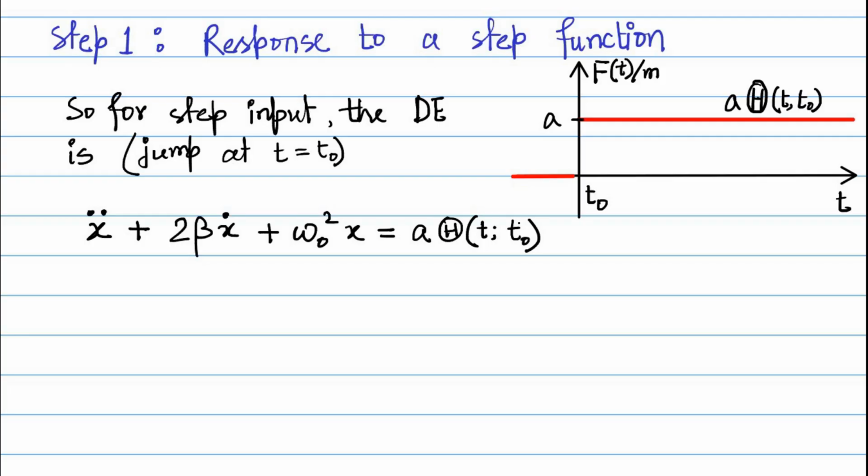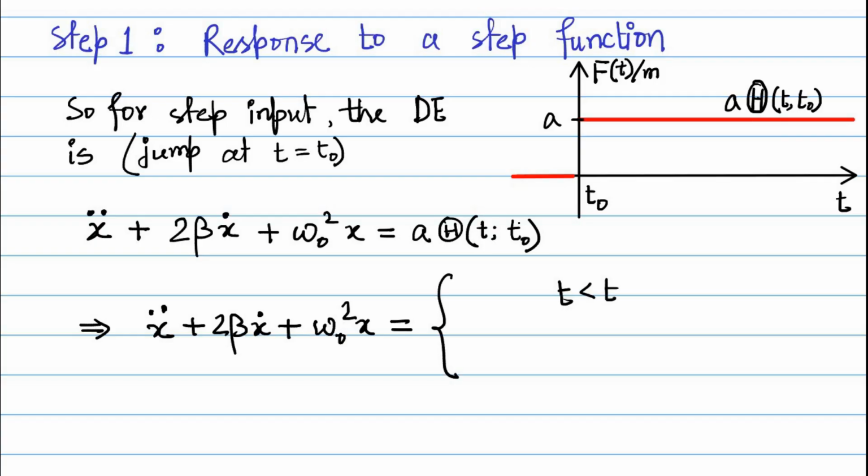So what it means is that the left hand side remains unchanged, of course, but on the right hand side we now have two options. One is applicable for t before t0, and the other is for t after t0.